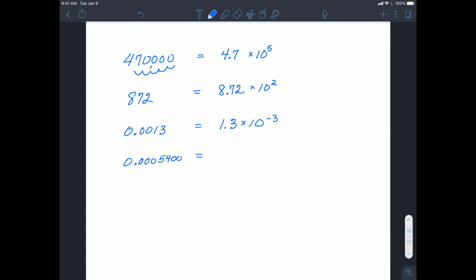We know that the coefficient is going to be 5.4, and we can see that we needed to move the decimal place 1, 2, 3, 4 places to the right in order to make 5.4. So we need to move it back 4 places to the left to write it in scientific notation. So these exponents are all about which direction to move the decimal point. And this is how you convert numbers from standard form to scientific notation.